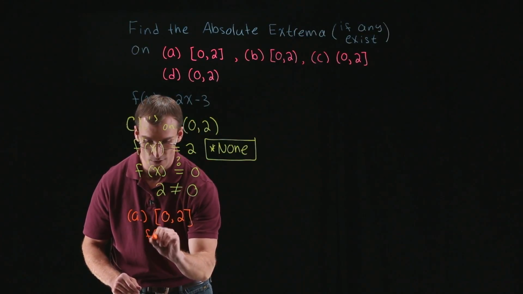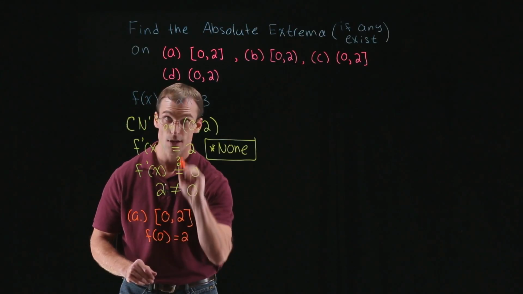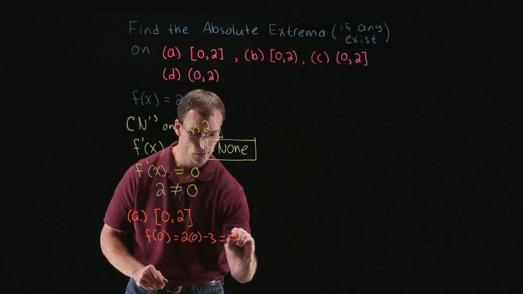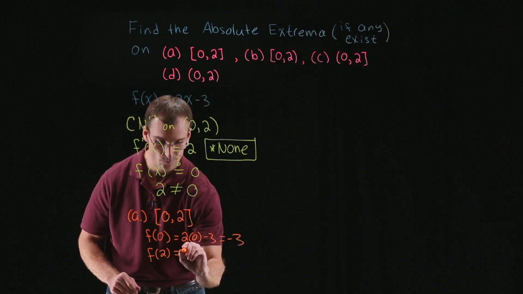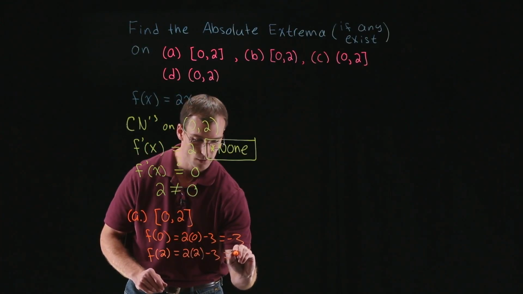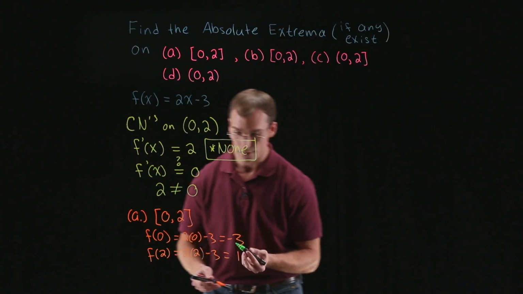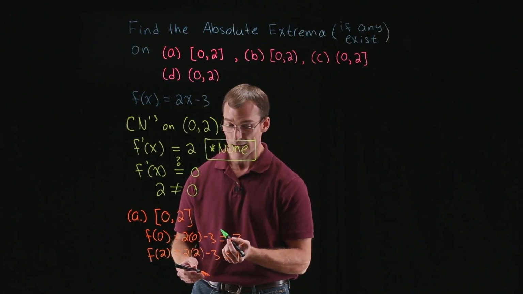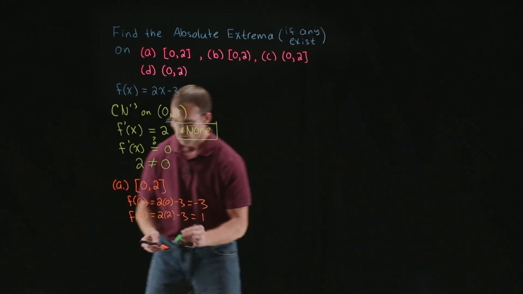Back into our original function f, we're going to look at f of 0, which is 2 times 0 minus 3, or negative 3, and f of 2, which is 2 times 2 minus 3, or a positive 1. Taking those, the smallest value, negative 3, is our absolute minimum, and the largest value, 1, would be our absolute maximum.